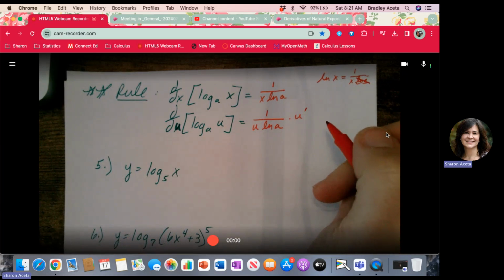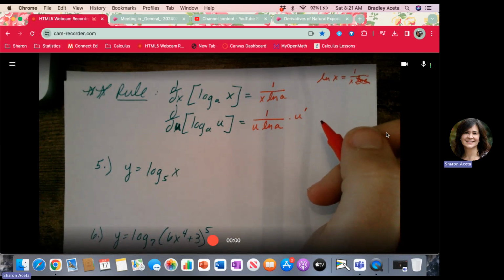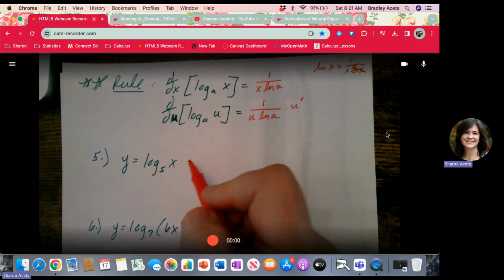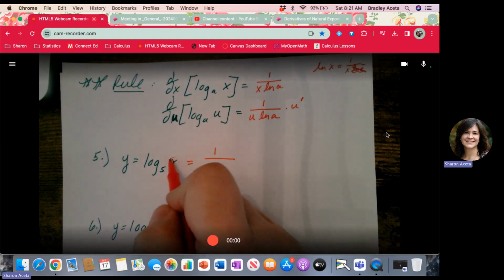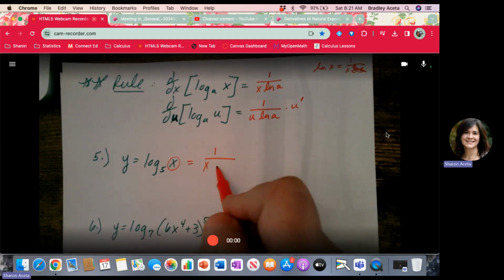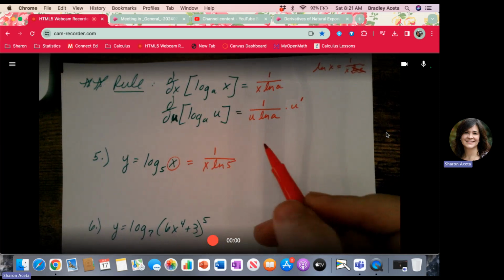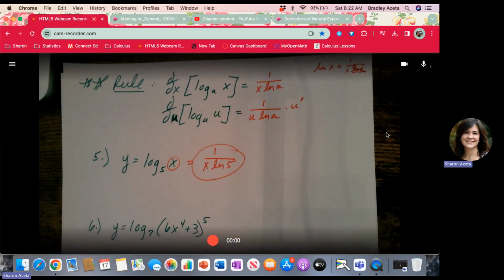All right, so let's try this out. This would be 1 over x times ln of the base times this chain, which is 1. And so you're done. That's it.